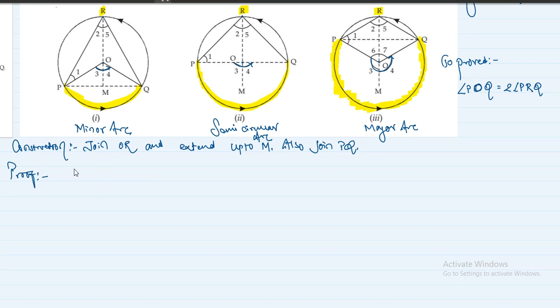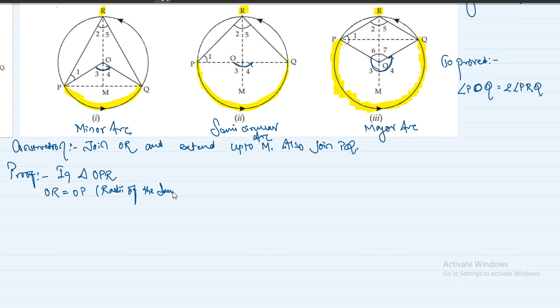So what is the proof? In triangle OPR, OR is equal to OP. Why? Radii of the same circle.